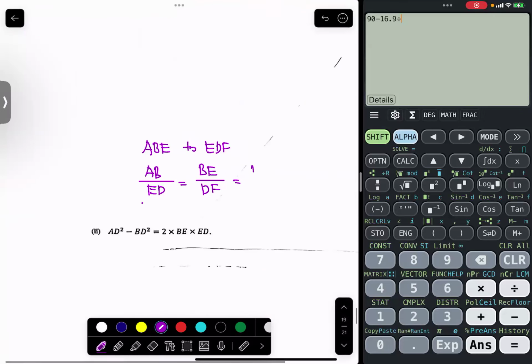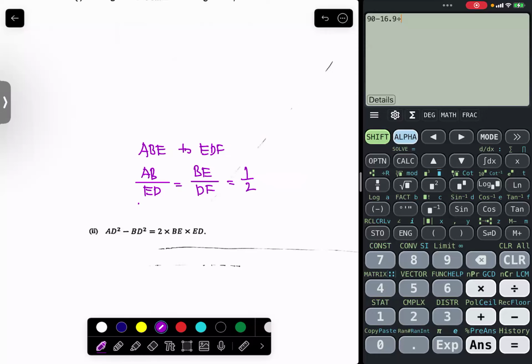Okay, so the ratio is 1:2. Is the ratio 1:2? Okay, so AB times BF equals to BE times ED.